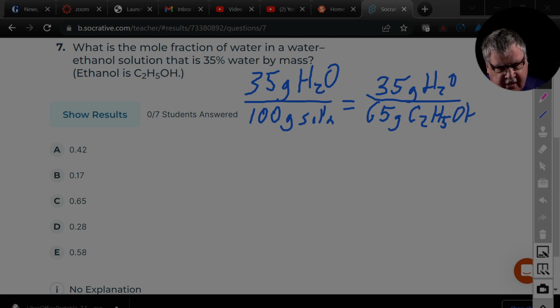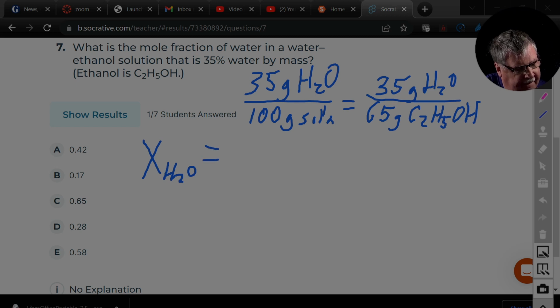What's the definition of mole fraction? That's something you definitely want to know for the final. If I want to figure out the mole fraction of water, how do I do it? Something divided by something.